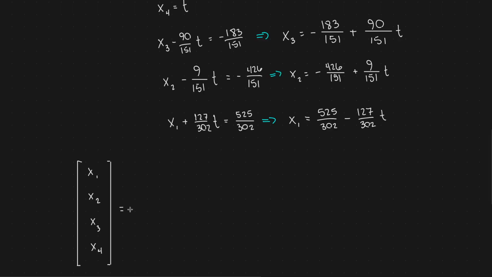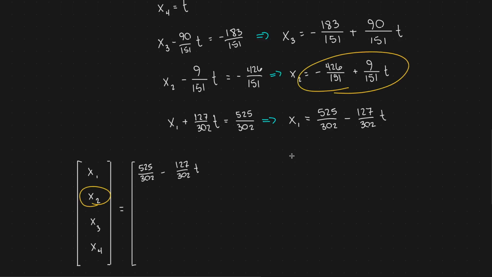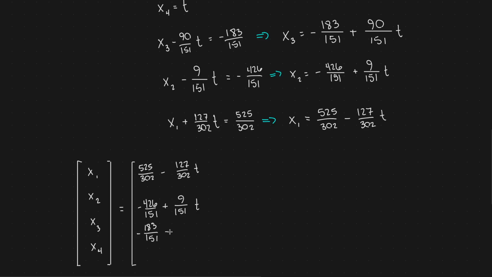The general solution to this system is going to be, so x1 is 525 over 302 minus 127 over 302t. x2 is negative 426 over 151 plus 9 over 151t. x3 is negative 183 over 151 plus 90 over 151t. And x4 is just t.